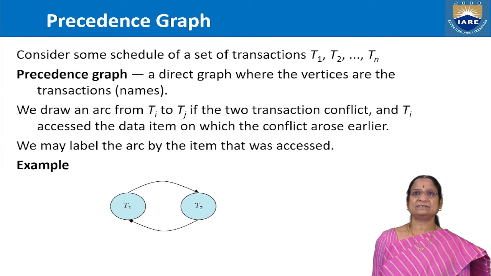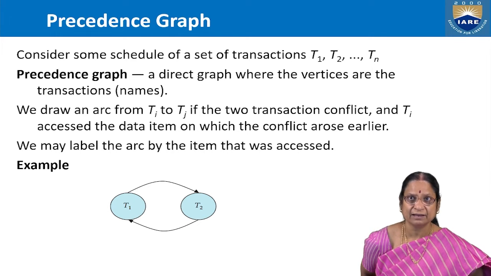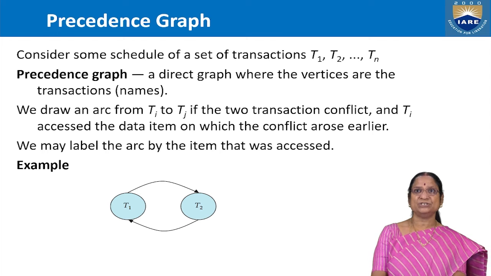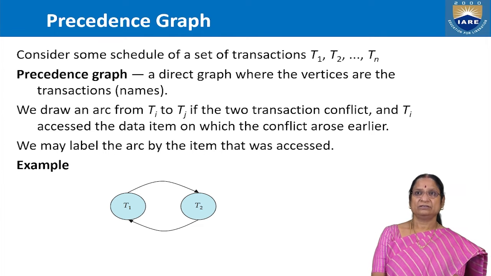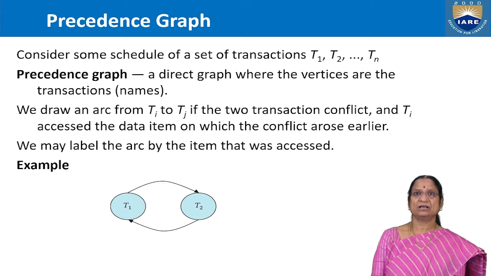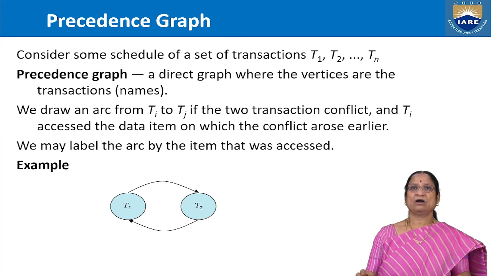That is, Ti is accessing the data which is updated by Tj. Then there will be an arc from Ti to Tj. And we label these arcs by the data item on which the arc was generated.